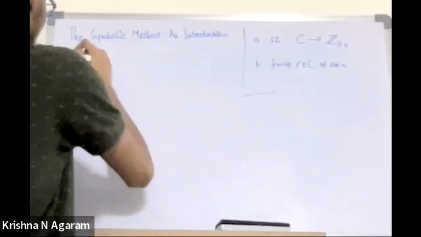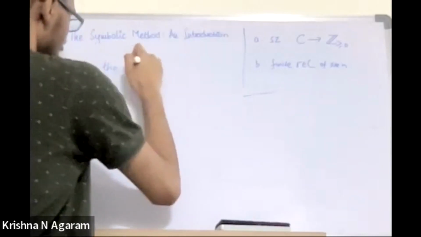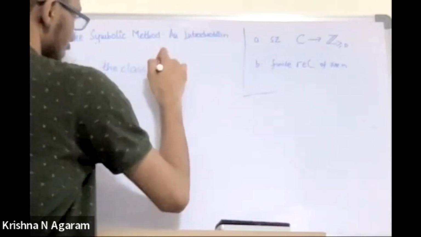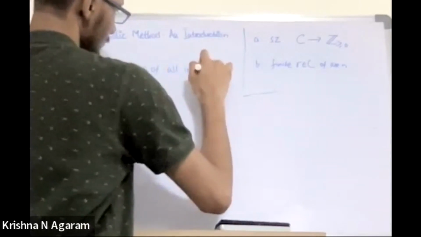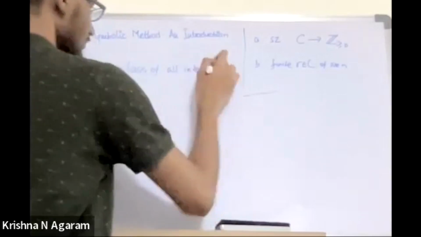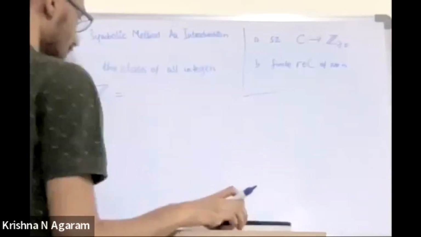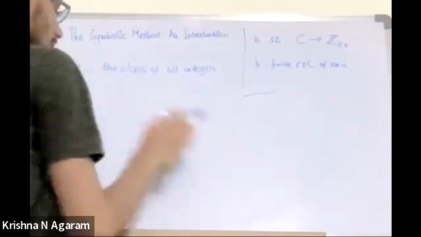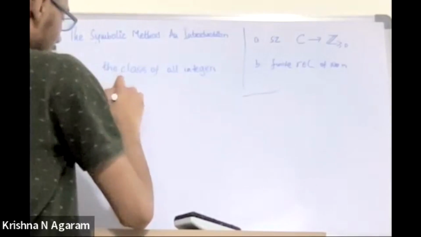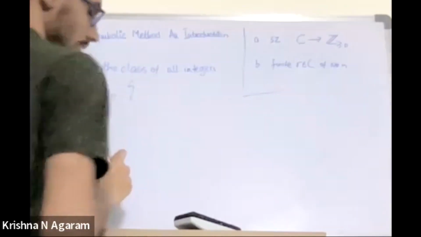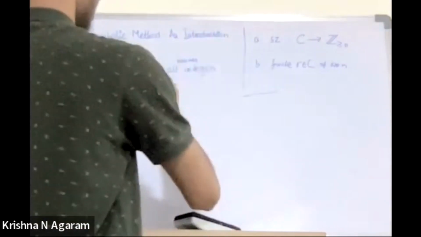Okay. So an example is the class of all integers. So the integers, I'll actually call them I. Or even more simply, all non-negative integers.